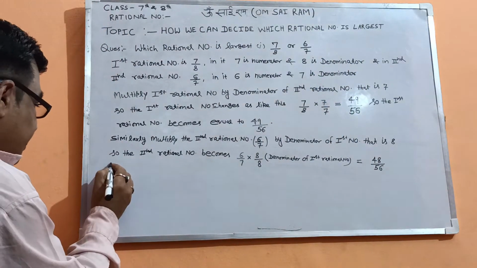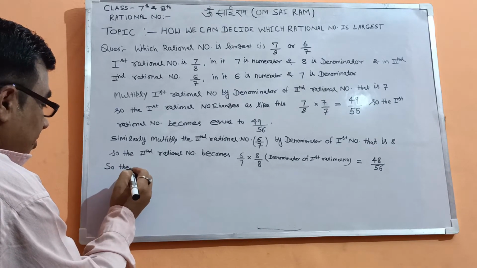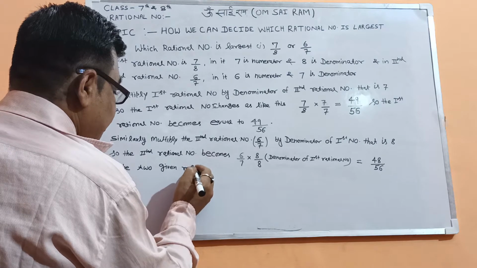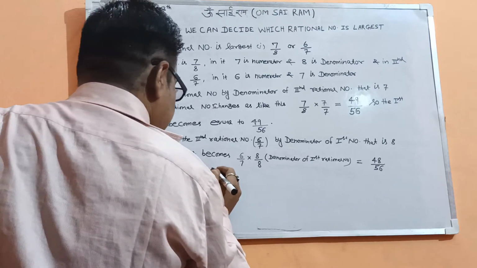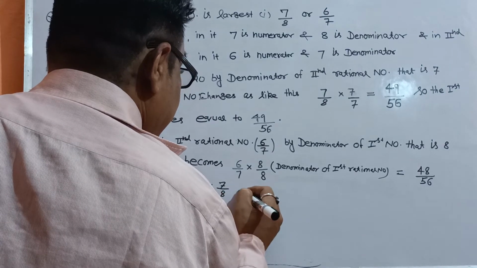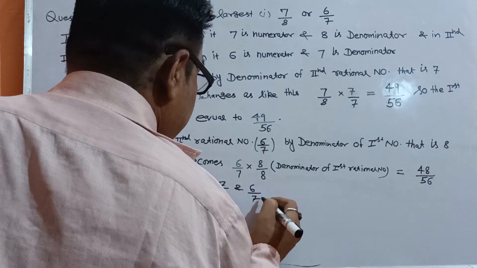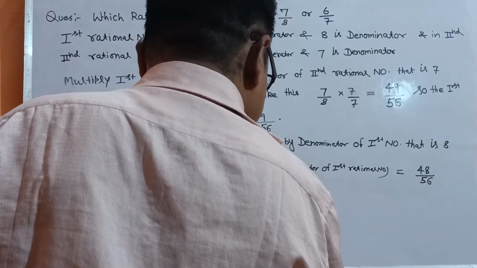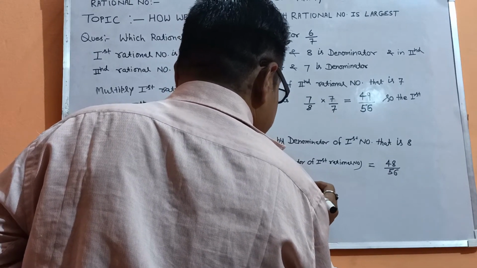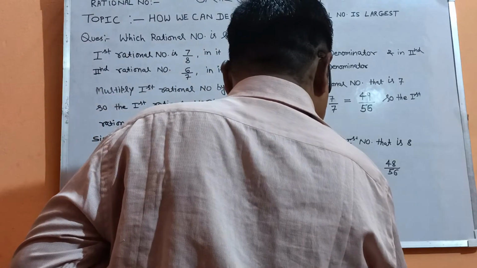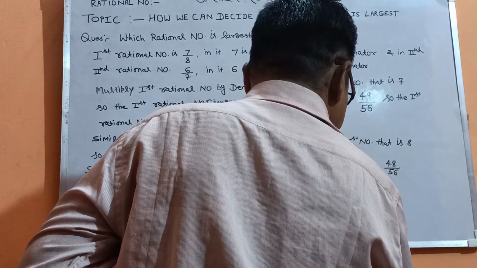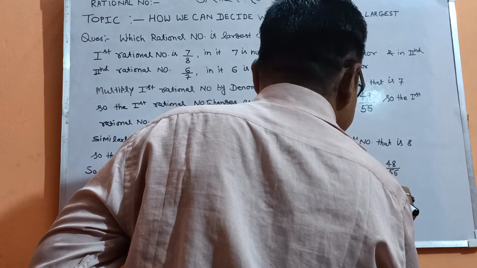So the two given rational numbers, 7 by 8 and 6 by 7, now change, or you can write becomes, 49 by 56 and 48 by 56.